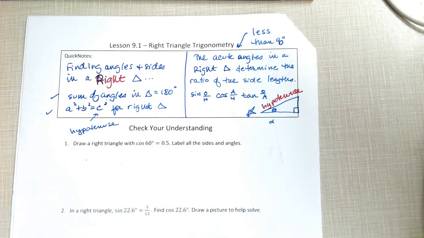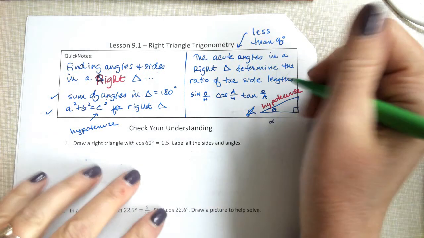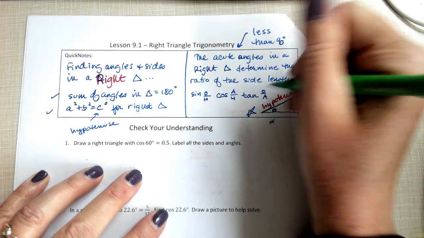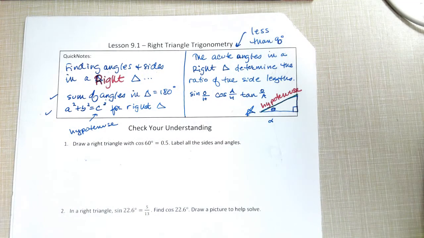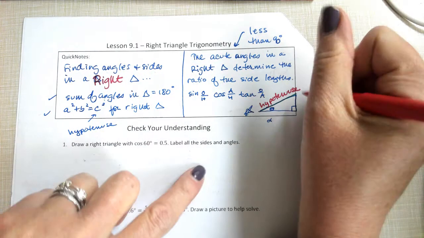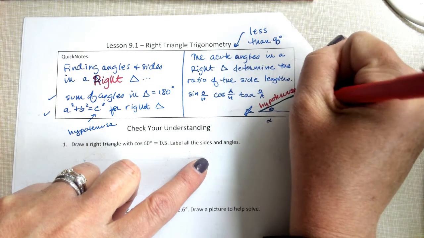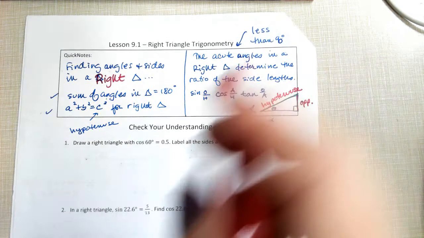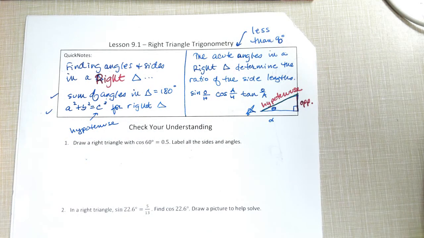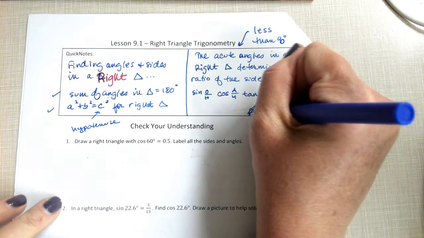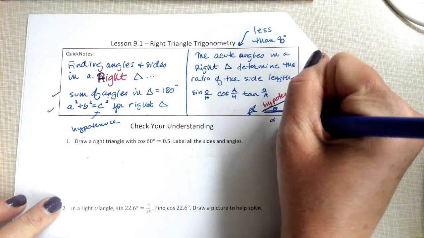Oh, I should have used the same colors I used on the other side. This was always green, and then what was the short side? Red? Well, it doesn't matter. Opposite, which I have to abbreviate, and adjacent, if you're going from this angle.